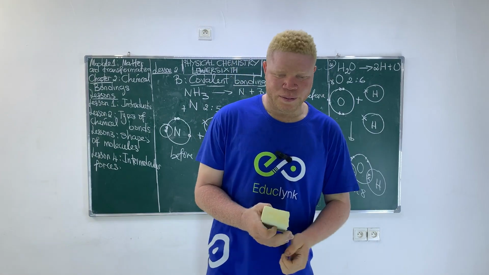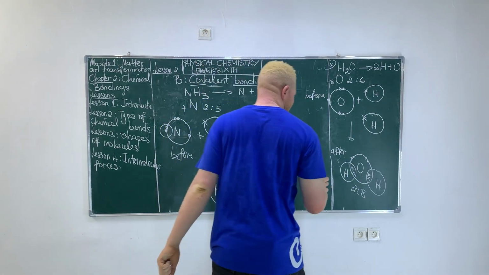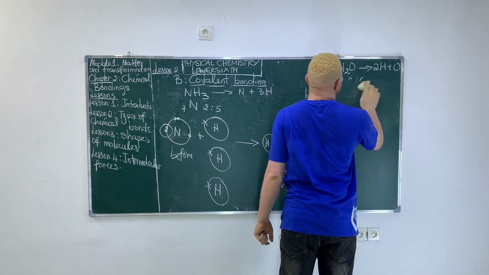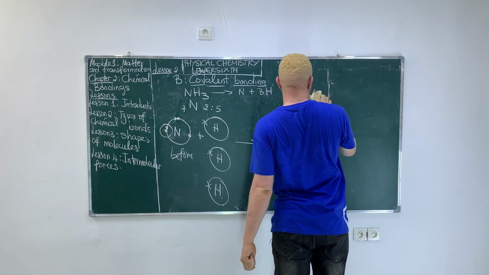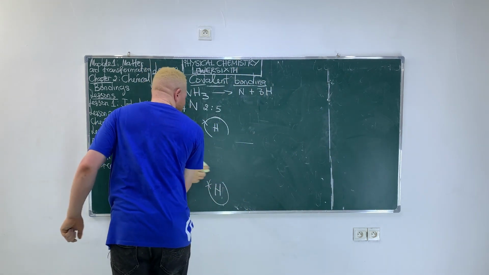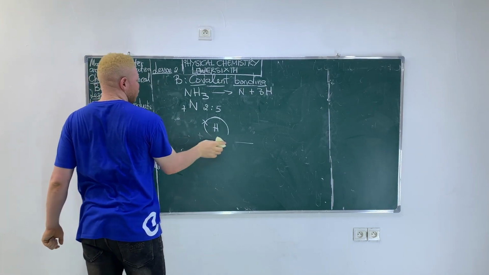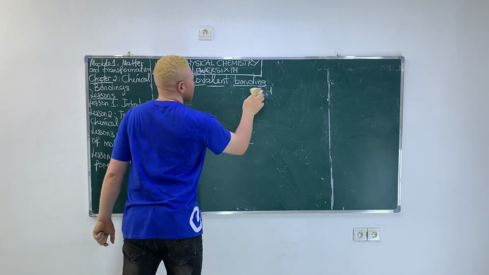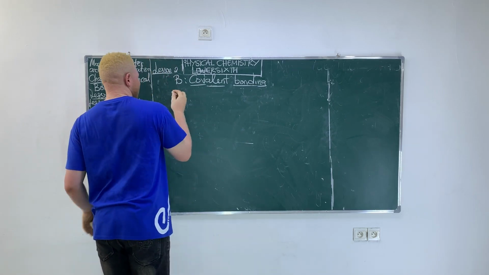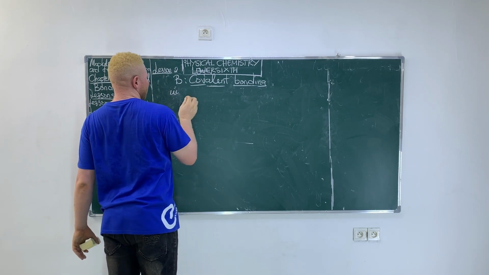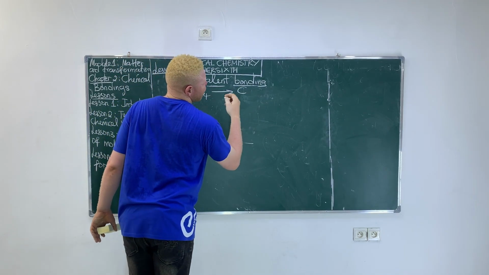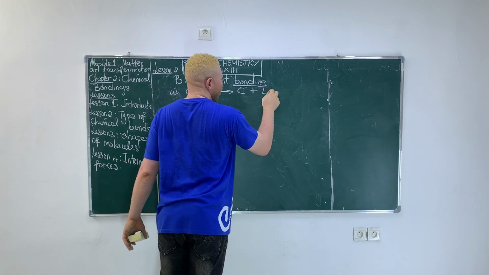So Roman 3, methane. Methane is CH4. That will give us 1 atom of carbon and 4 hydrogen atoms.